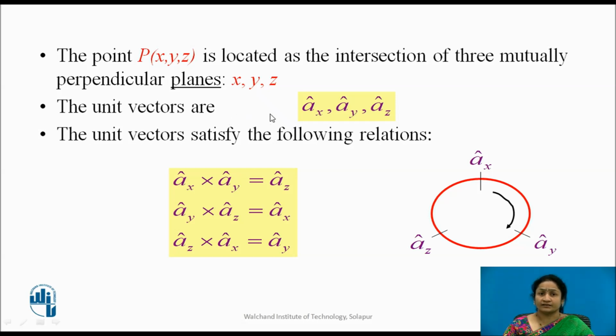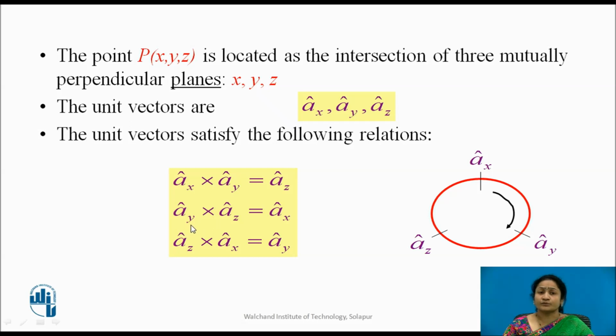The unit vectors related to these are ax, ay and az, which represent the directions of those axes. The unit vectors satisfy the following relations.